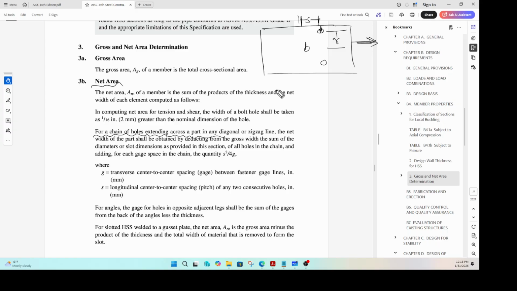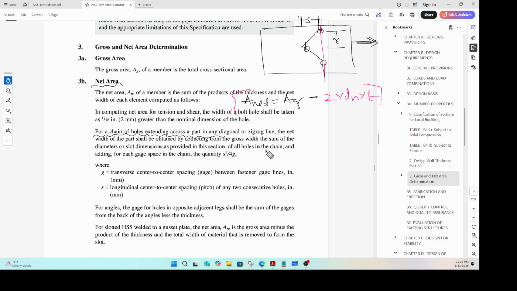A net is A gross minus the holes. For example, in this scenario you have two bolt holes, so 2 times the hole diameter times the thickness. Whereas if we talk about this path here, I'll draw that in black, let us say that is the failure plane.